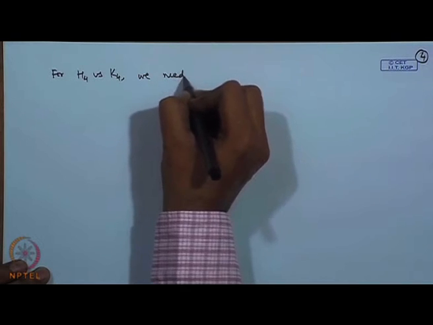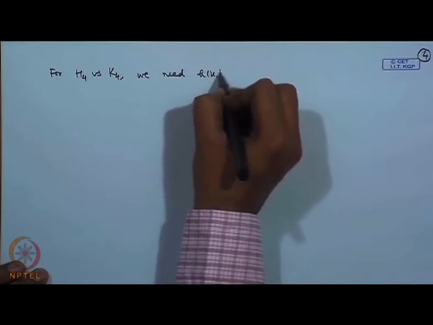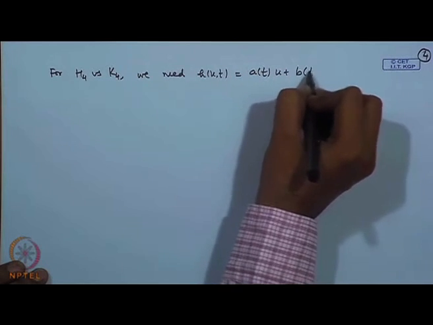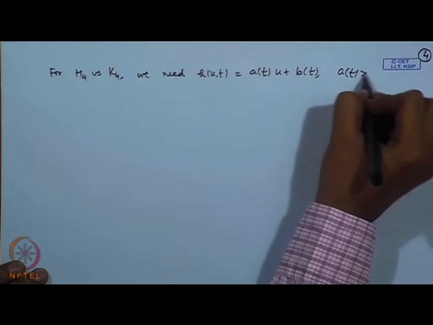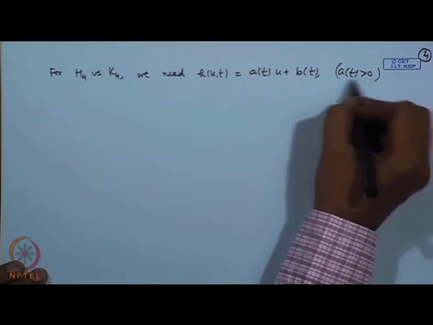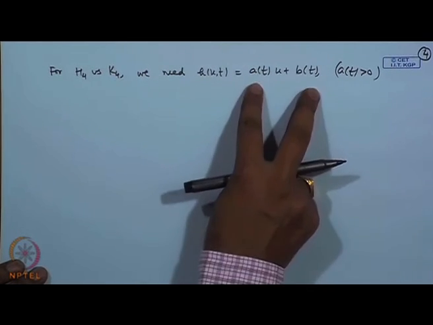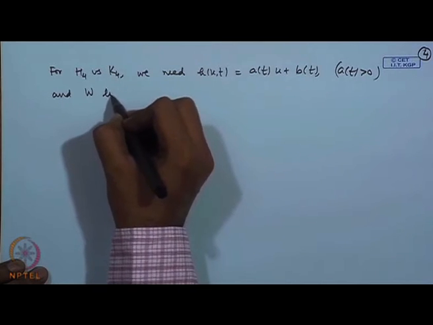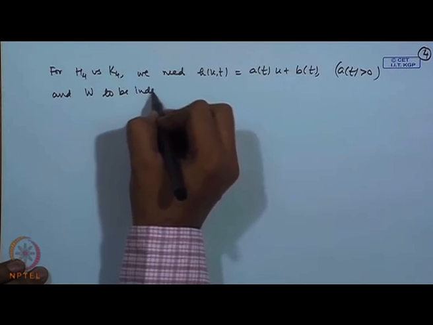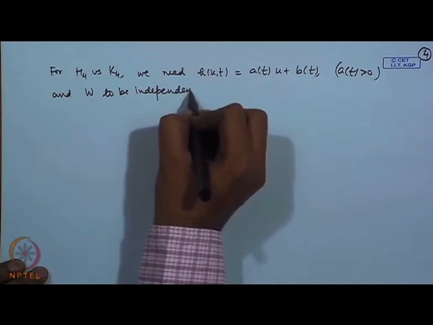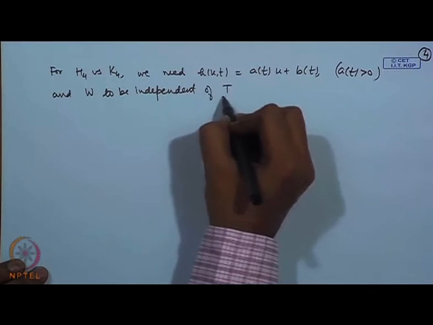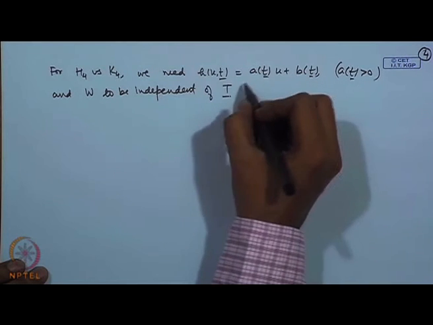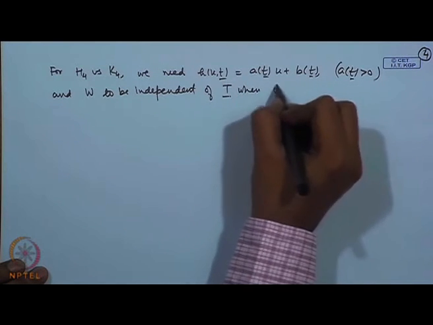We need h of u, t to be a linear function of u. Of course, again I am taking a2 to be positive. If it is negative, then the region will get reversed, and we need W to be independent of t when theta is equal to theta naught.